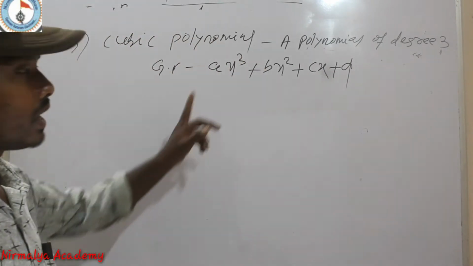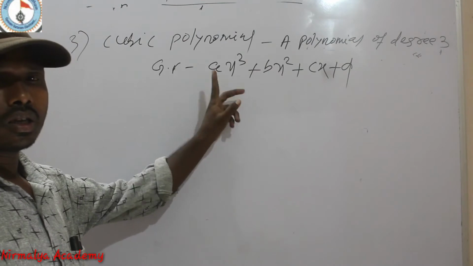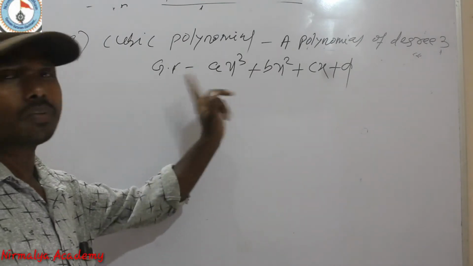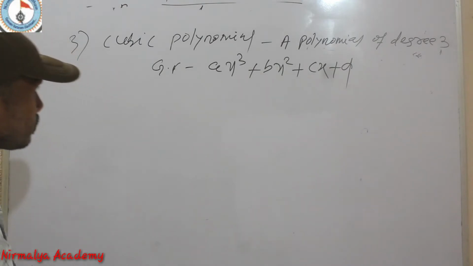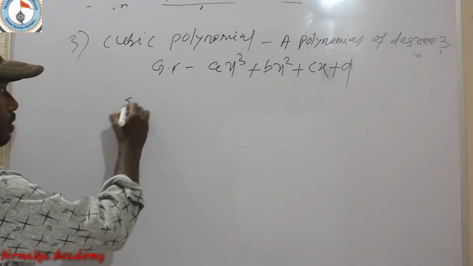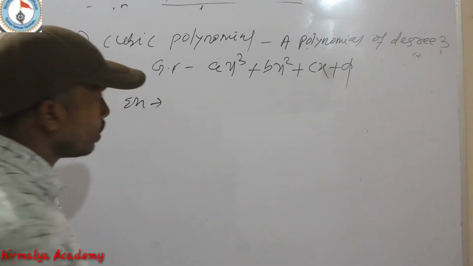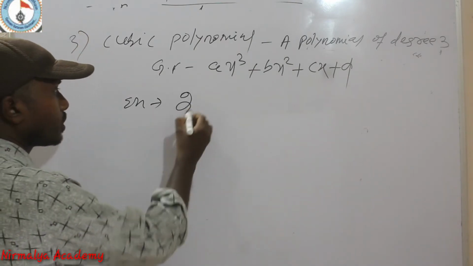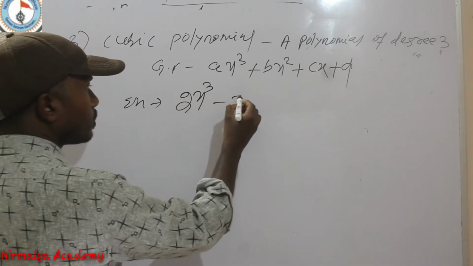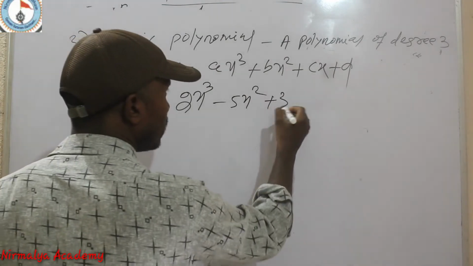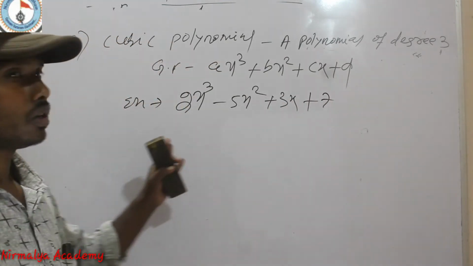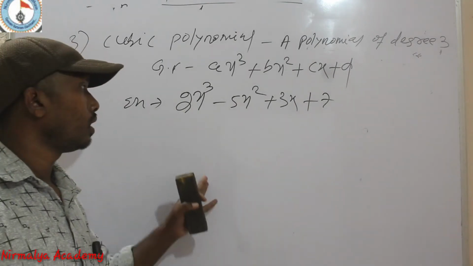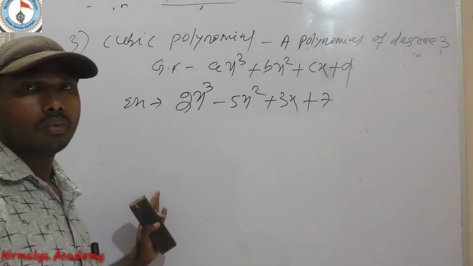Here the variable is x and its highest power is 3. So that's why it is a cubic polynomial. Another example, 2x cube minus 5x square plus 3x plus 7. So this is a cubic polynomial and the highest power of the variable is 3.